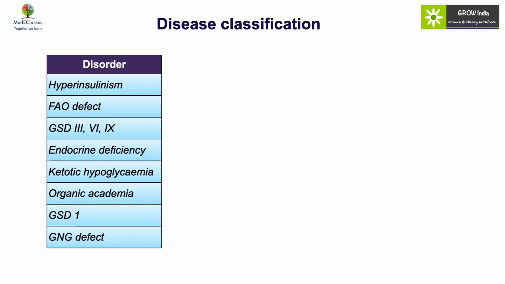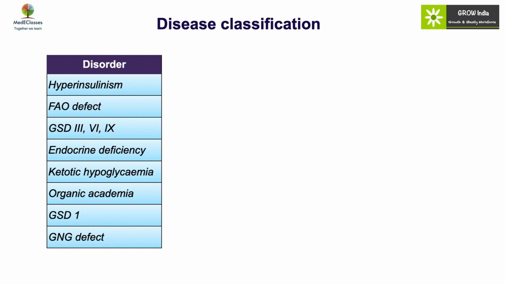So if we talk about major causes of hypoglycemia in childhood, we have hyperinsulinism, which typically presents with macrosomia in the newborn or in the setting of infant of diabetic mother. Fatty acid oxidation defects, which present with episodic presentation of high SGPT along with hypoglycemia. Glycogen storage diseases, which basically present with massive hepatomegaly.